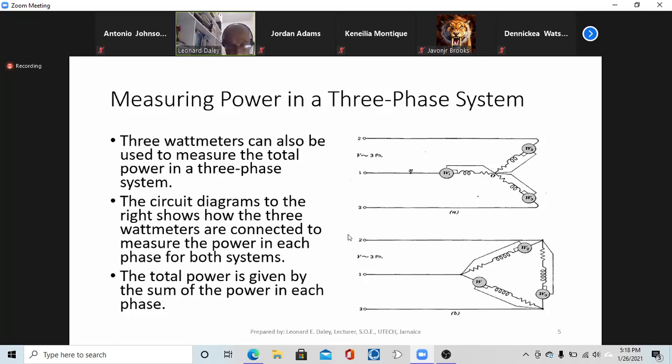All right. So you can understand that this would make intuitive sense. 3 watt meters can measure power in each of the 3 phases. Similarly with the 1 watt meter, you just find it in one and use 1 watt meter and go around and measure it for each phase.